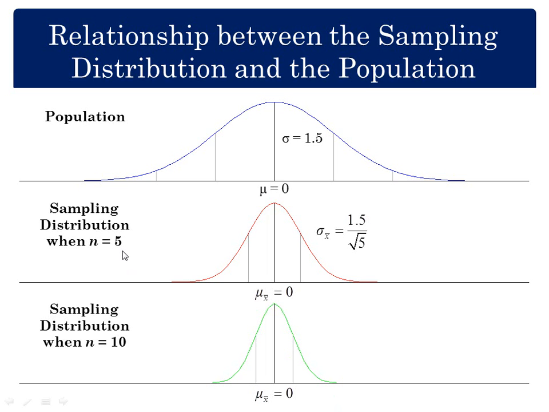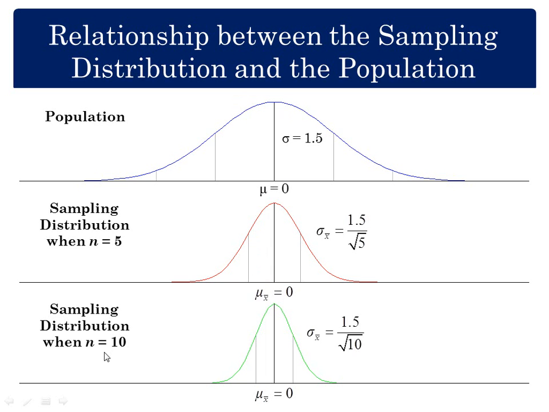If I take a sample of size 5, the mathematics tell me that this is the behavior of x bar from samples of that size. It's centered at 0, and it has a standard deviation of the original standard deviation divided by the square root of the sample size, which is 5. So notice the sampling distribution is more precise than the original population, but it's centered over the same mean.